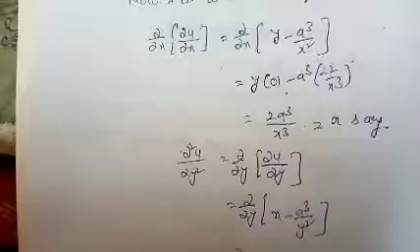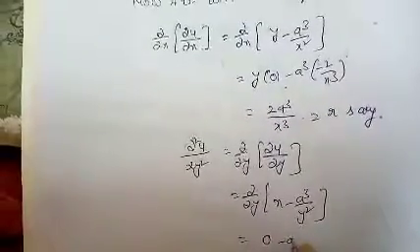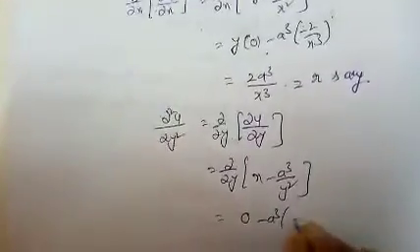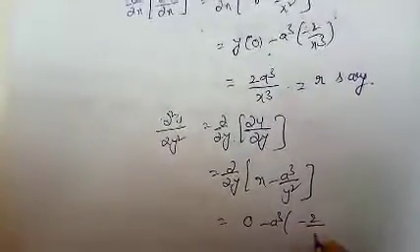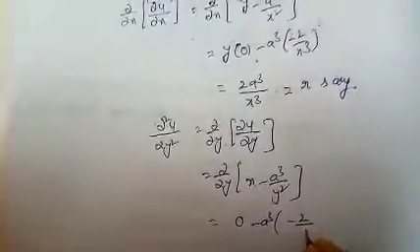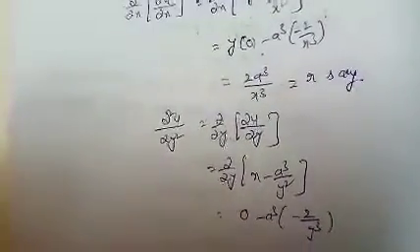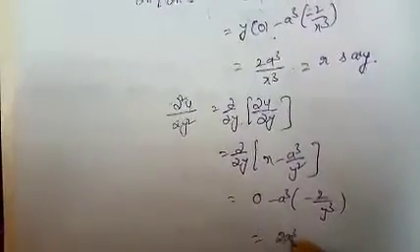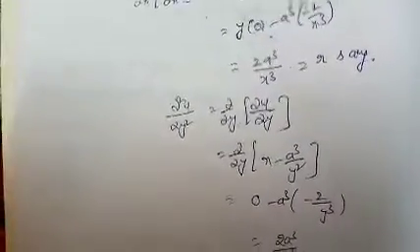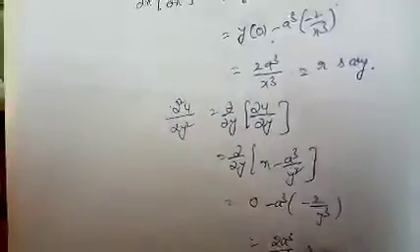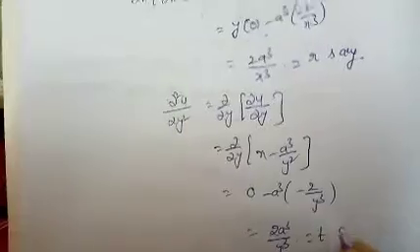So here 0 minus a cube into the derivative of 1 by y square, which is minus 2 by y cube. So then which implies 2a cube by y cube. Call this t, say.